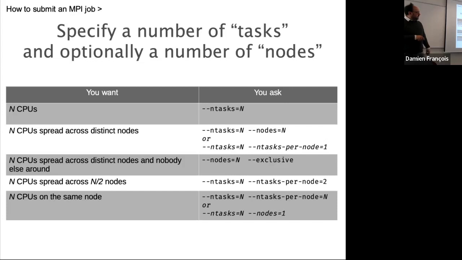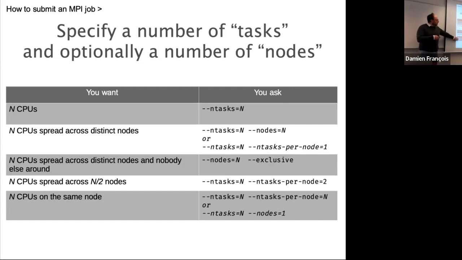It's the same as if you specify ntasks equal n and ntasks-per-node equal 1. So the names are pretty self-explanatory, and there are multiple ways to specify the allocation that you want. You can spread across distinct nodes, or try to put all on the same node.